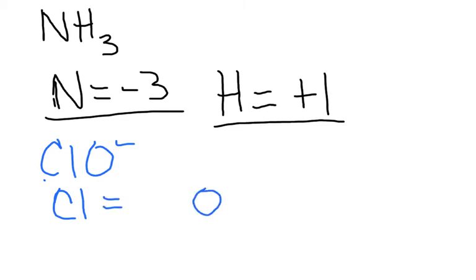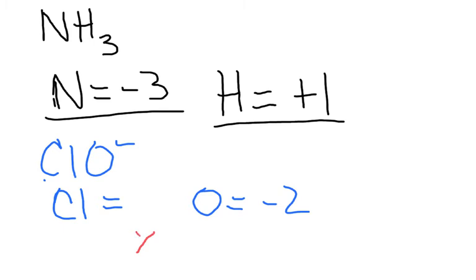So we can use that information to find the oxidation number of chlorine. We know that the oxidation number of oxygen is -2, and we know that the algebraic sum of these oxidation numbers has to equal the overall charge of the ion. The overall charge of this ion is -1. So we can make a little algebraic expression to solve for the oxidation number of chlorine.